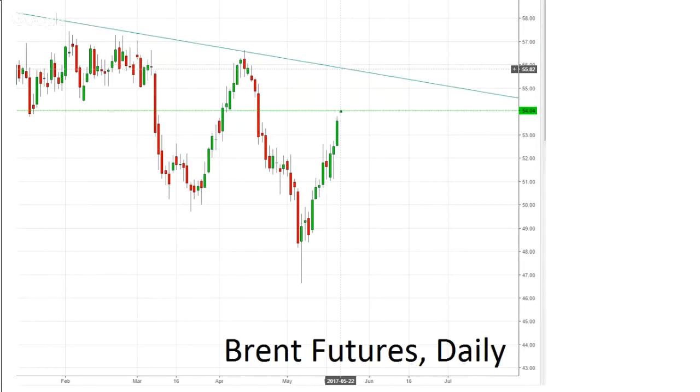The expectations are pretty positive for the quotes. Now we can see that the rally in oil prices is continuing, and there is scope for further extension of the rally. We have in focus the resistance line, which is located in the area of 55.80 for the Brent futures chart. So some more advance is possible.